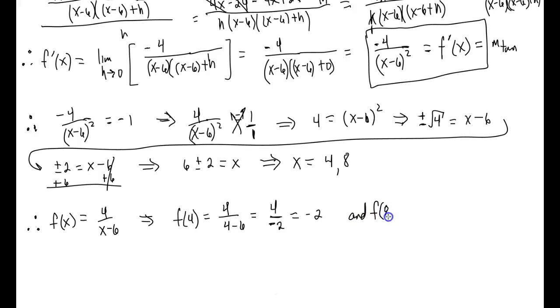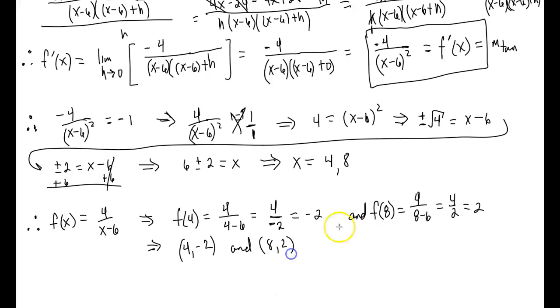And we know f of 8 will be 4 divided by 8 minus 6, which is just 4 divided by 2, which is 2. So all of this implies that we have the points (4, negative 2) and (8, 2) on the graph of f of x.